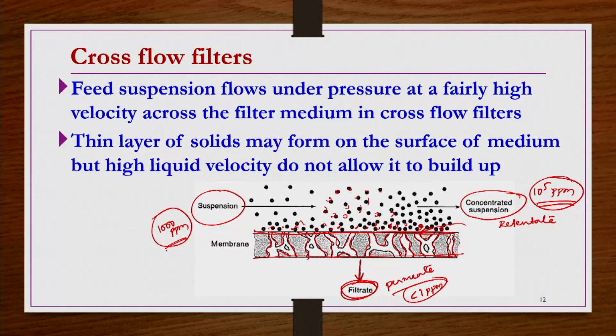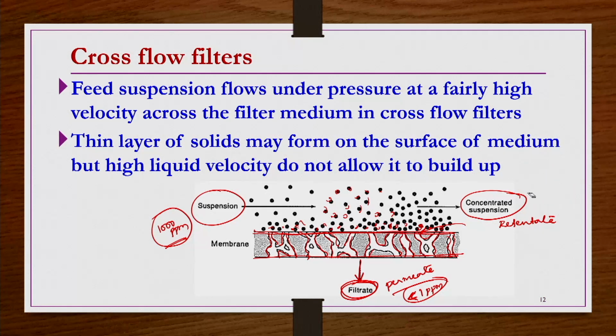Here the feed is 100 ppm and the retentate may have 10 power 5 or even 10 power 10 ppm, depending on the application. Whereas for the filtrate or clear permeate, in general we try to have a liquid with almost no solids, less than 1 ppm or so.